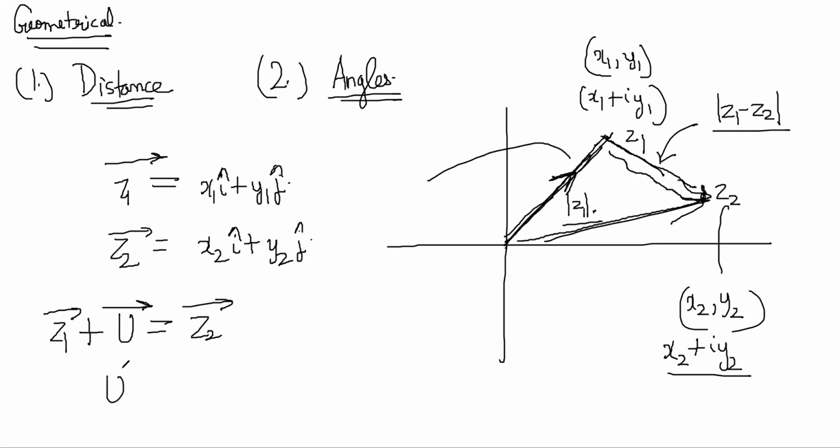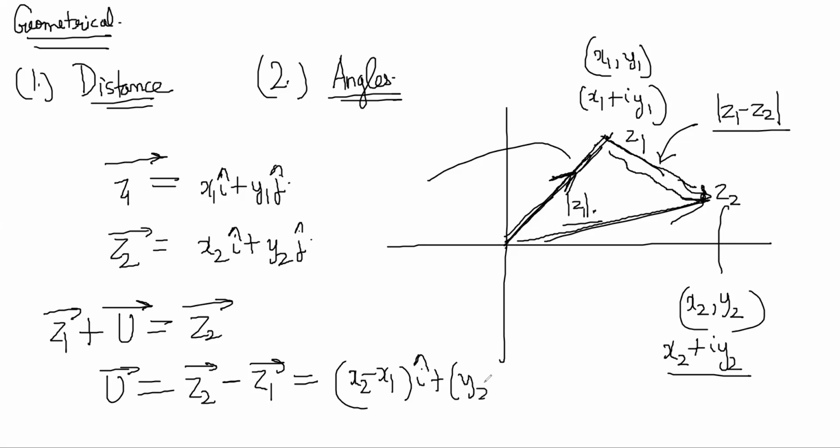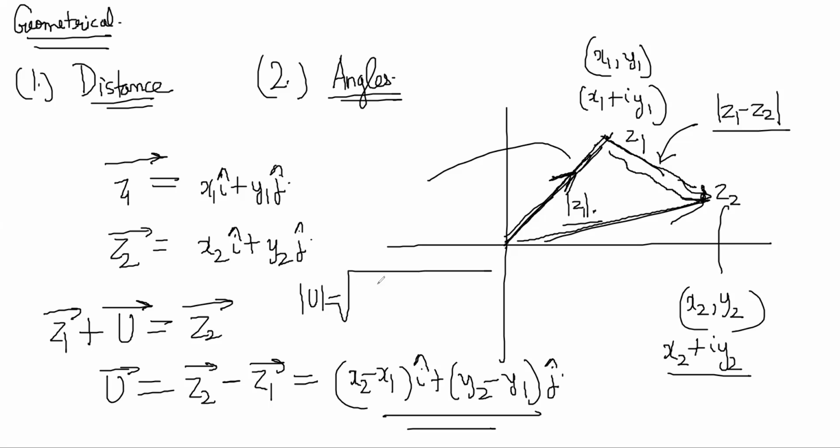So the third vector is simply Z2 vector minus Z1 vector, which becomes (x2 minus x1) i plus (y2 minus y1) j. The length of that third vector is root over (x2 minus x1) square plus (y2 minus y1) square. So that is clearly mod of this, right?